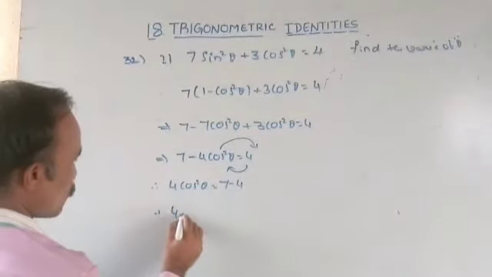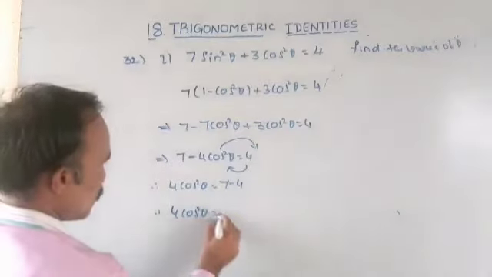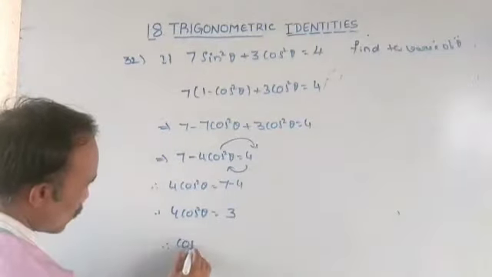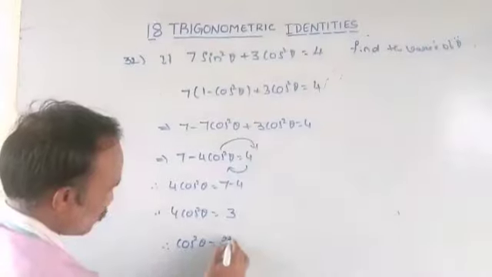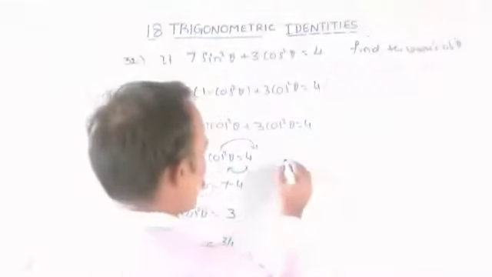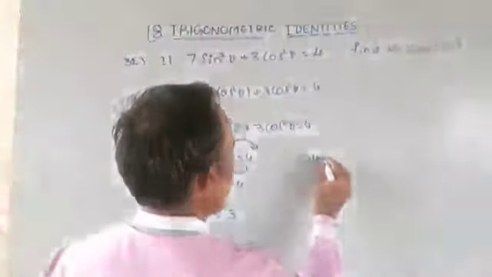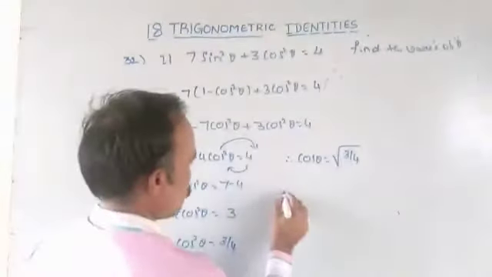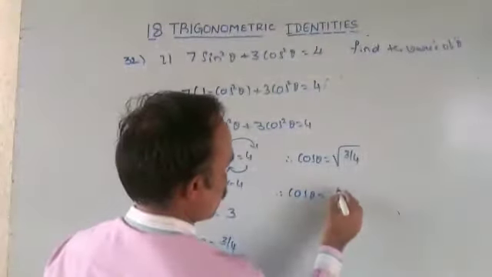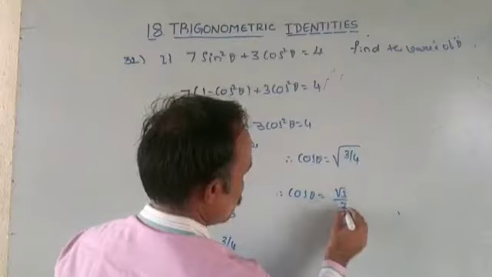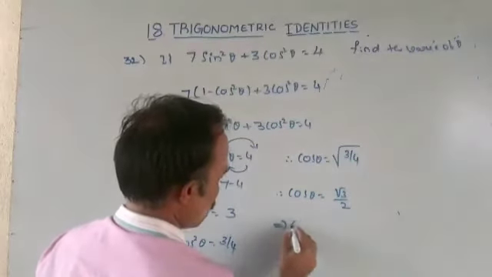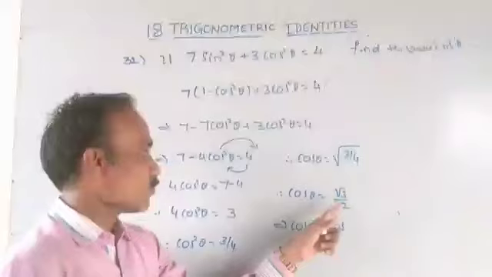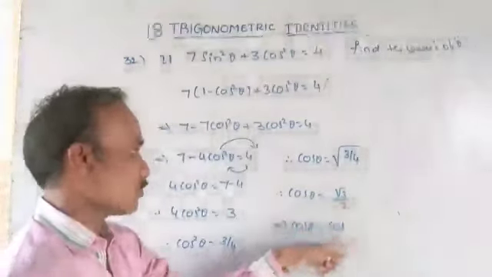So therefore 4 cos square theta is equal to 7 minus 4, 3, therefore cos square theta is equal to 3 by 4. And therefore cos theta is equal to the square root of 3 by 4, so cos theta is equal to root 3 by 2. What value of theta gives cos equal to root 3 by 2?